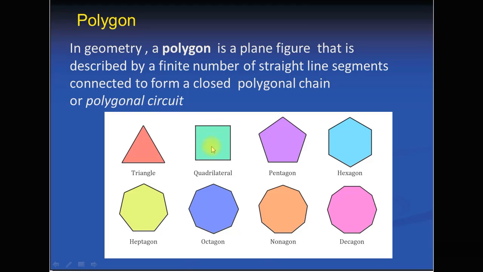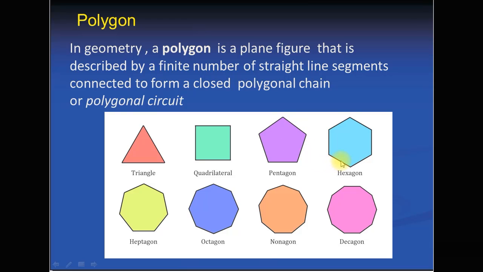So this quadrilateral is also a polygon. In this polygon there are four line segments connected to form a closed polygonal chain, and this is a pentagon. Pentagon is a polygon in which there are five sides: side 1, 2, 3, 4 and 5. These five sides are connected to form a closed polygonal chain.